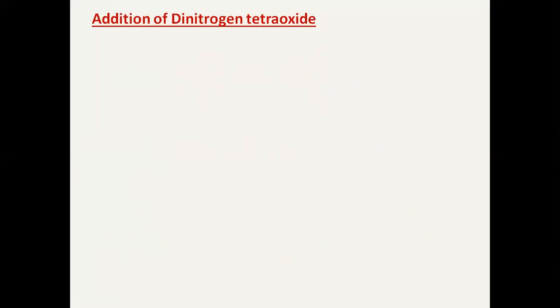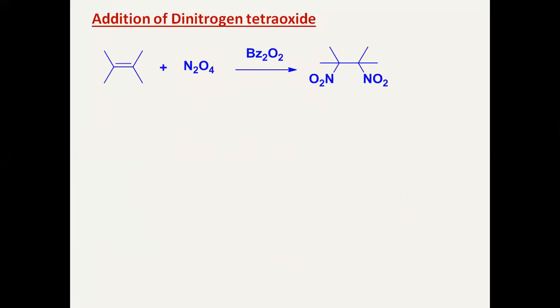So the next reaction is what? Addition of dinitrogen tetroxide. One more reaction: how N2O4 can be added to olefins. So, olefin addition reaction or multiple bond addition reaction. Very simple.